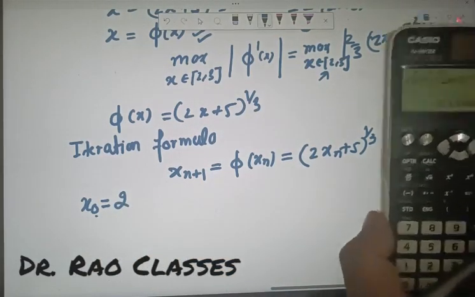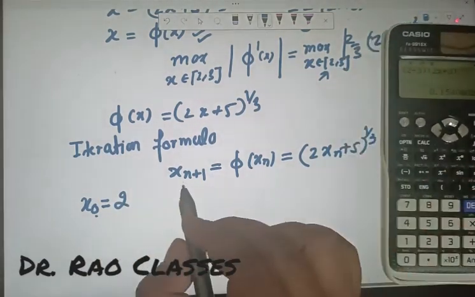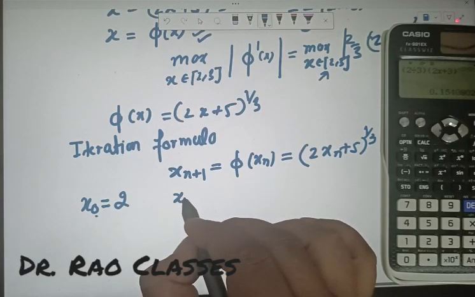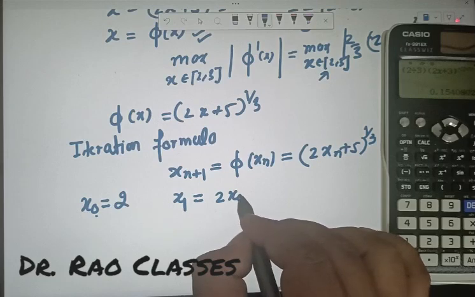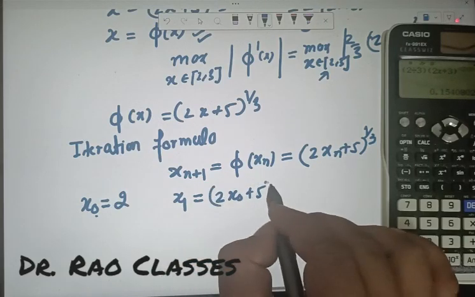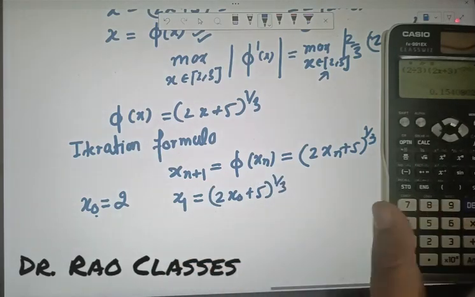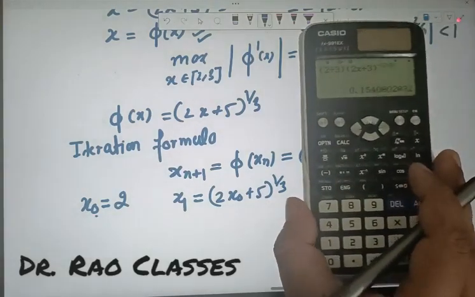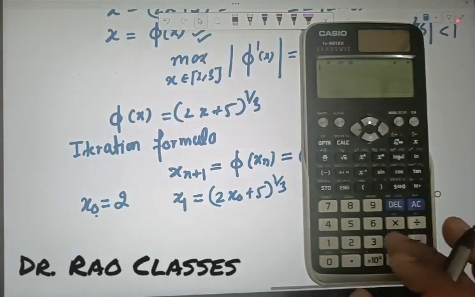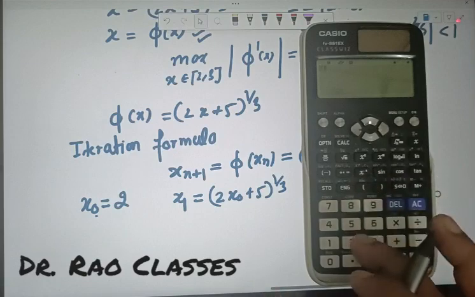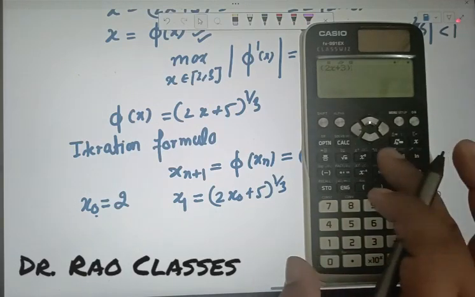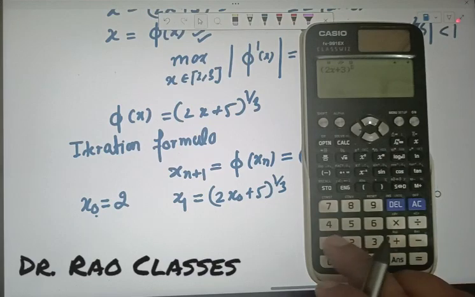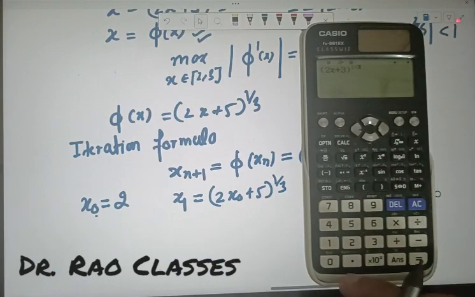For the initial value x naught we need to find x1. That is 2 x0 plus 5 to the whole power 1 by 3. So just simply type your phi of x here, that is 2x plus 3 and whole power is 1 divided by 3, right?